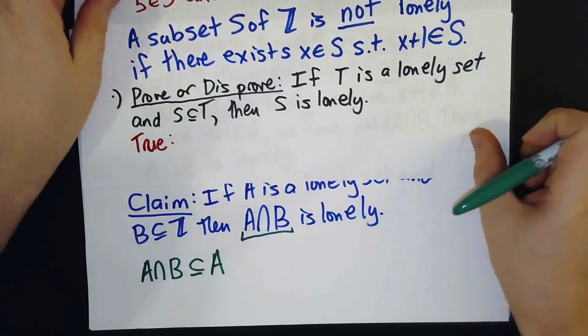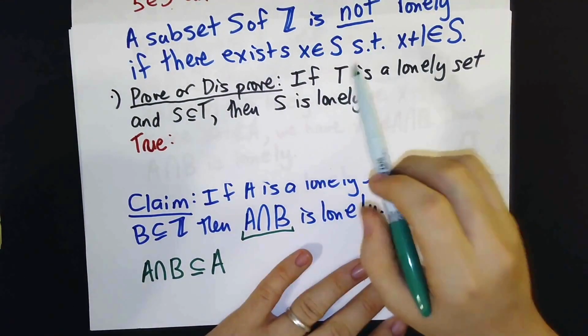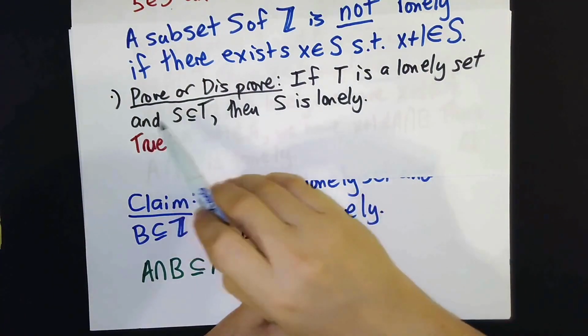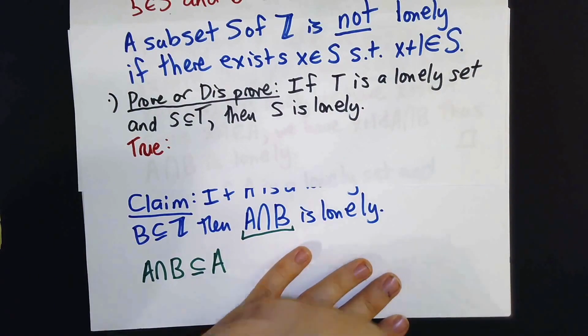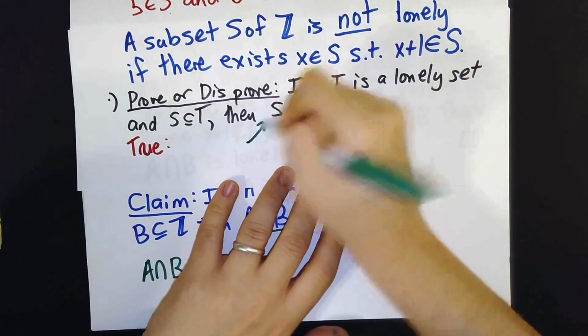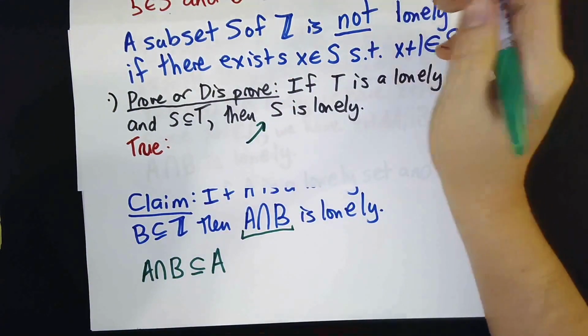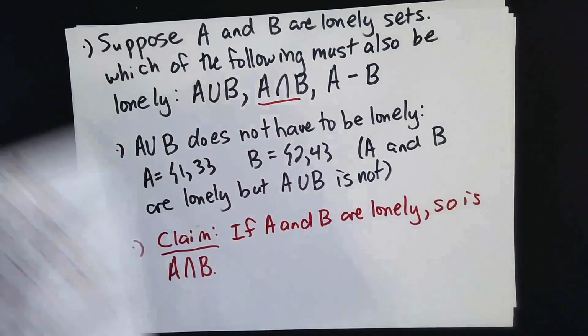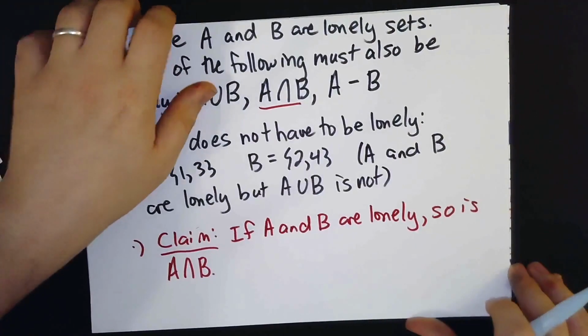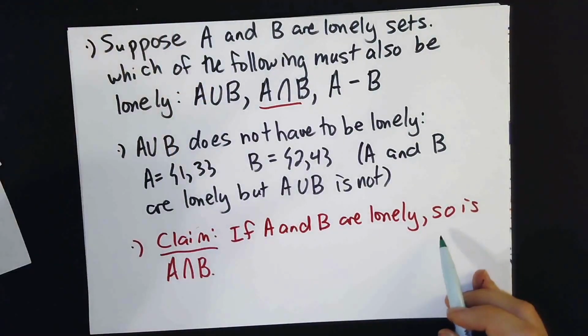The first thing we proved was that if I have a lonely set and a subset of it, that subset is automatically lonely. So if I take this and I call this the 2020 theorem, then I can actually write down a much cleaner proof of this claim.